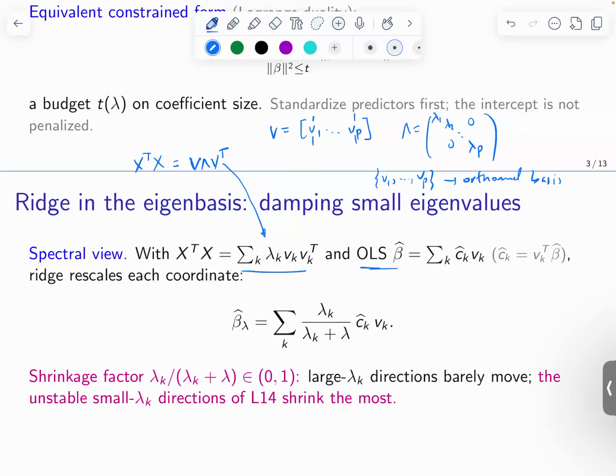So I can write every vector in R^p as a linear combination of these. In particular, beta hat is a vector in R^p, so I can write it as a linear combination of these vectors, with some coefficients.